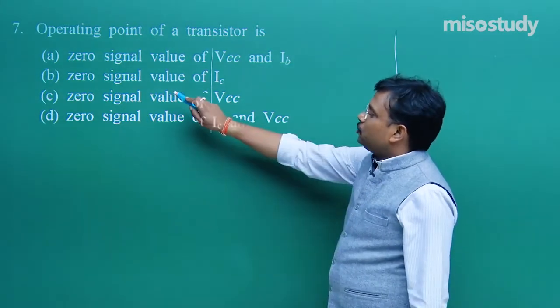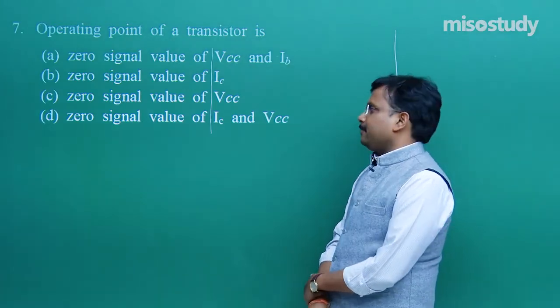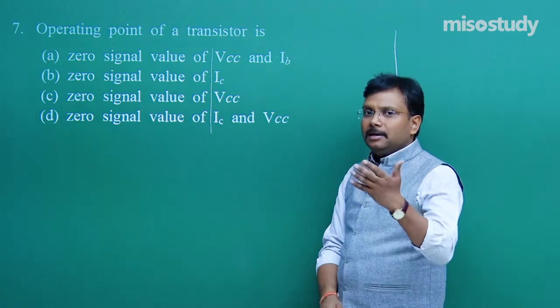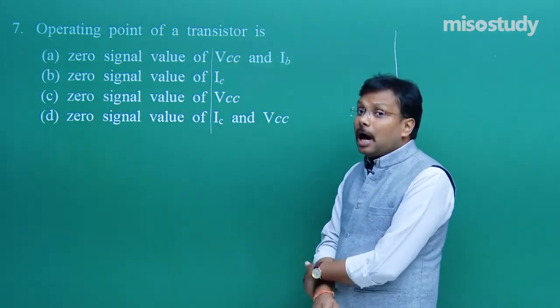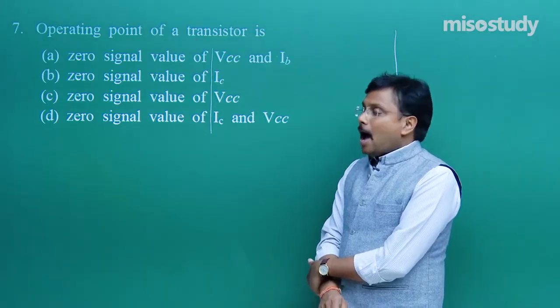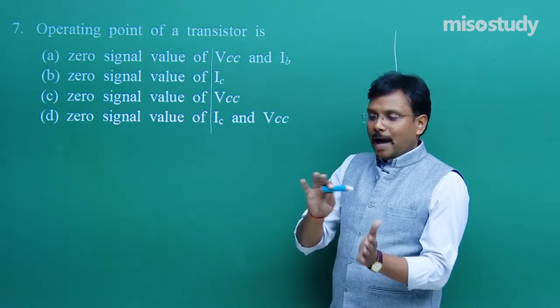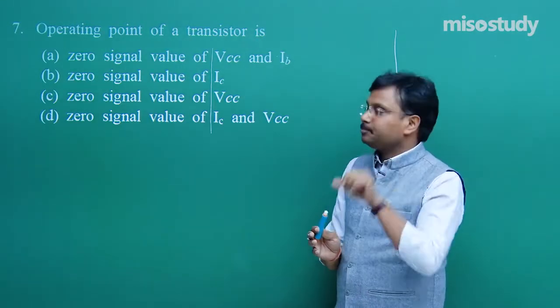Okay. Zero signal value of IC, collector current, fine. The value of collector current is obviously in the required zone, but the problem is nothing is mentioned about voltage. And for the discussion of transistor, you need clarity of not only voltage, not only current, but both.